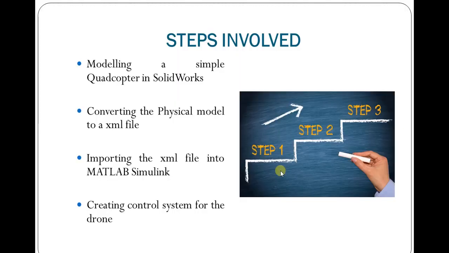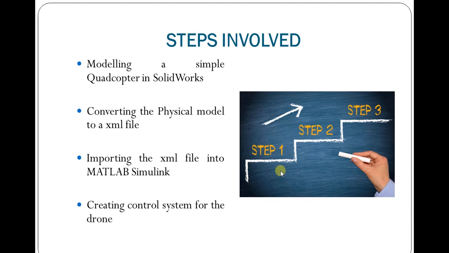And we have modeled a simple quadcopter in SolidWorks, and we have also converted the model into an XML file, and that XML file is imported into Matlab Simulink, and we have created a movement control system for the drone.